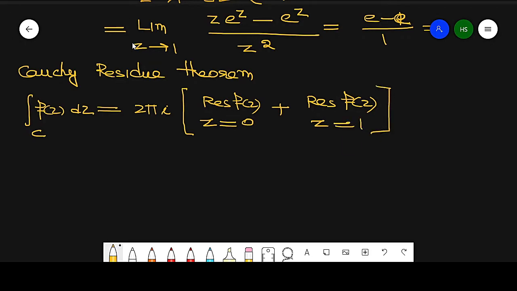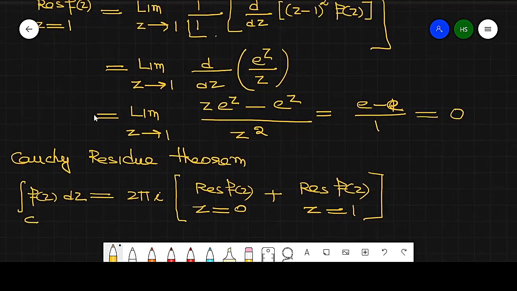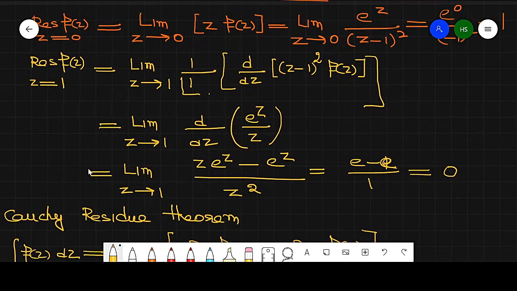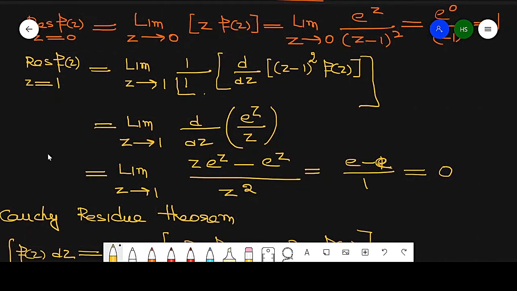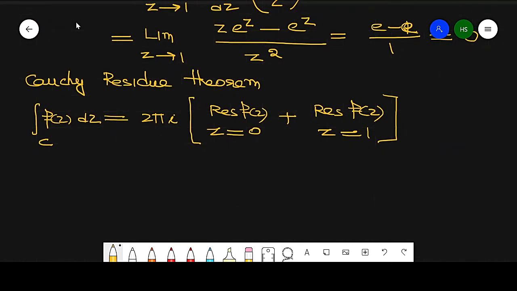The residue at z equal to 1 is 0, and at z equal to 0 it is 1. So 2 pi iota into (1 plus 0), which is equal to 2 pi iota.